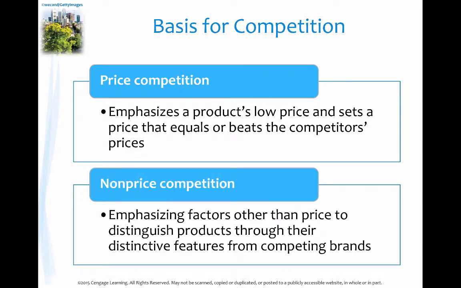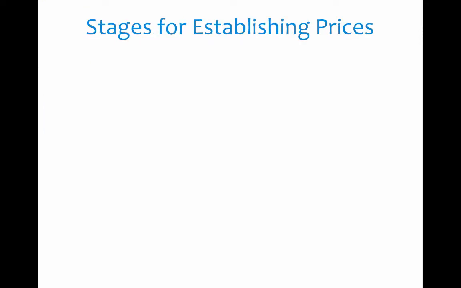Non-price competition is competition based on factors other than price. It is used most effectively when a seller can distinguish its product through distinctive product quality, customer service, promotion, packaging, or other features.